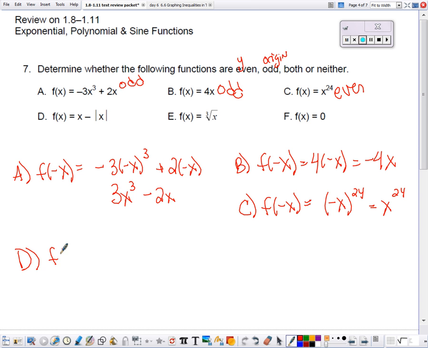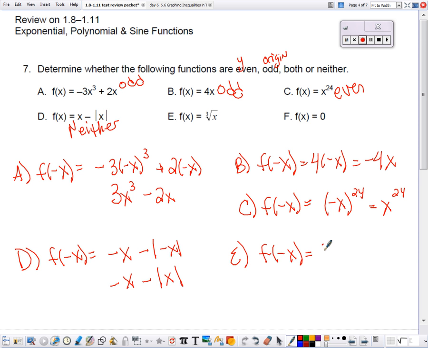For D, the first x is negative and the second does not change, so this is a mixture, so D is neither. Now the cube root of negative x is the same thing as negative the cube root of x. So that's the opposite, which makes E odd.